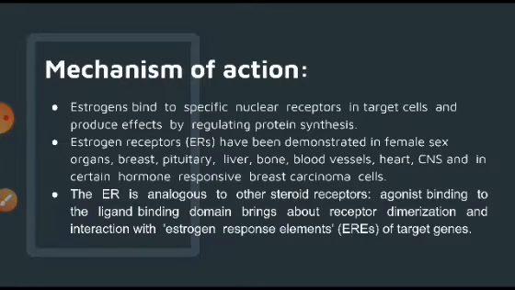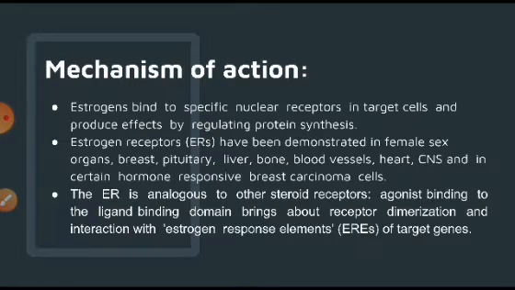Estrogen receptors have been demonstrated in female sex organs, breast, pituitary, liver, bone, blood vessels, heart, CNS, and in certain hormone responsive breast carcinoma cells. The ER, now onwards we'll call the estrogen receptor ER, is analogous to other steroid receptors. Agonist binding to the ligand binding domain brings about receptor dimerization. I hope you remember this mechanism.